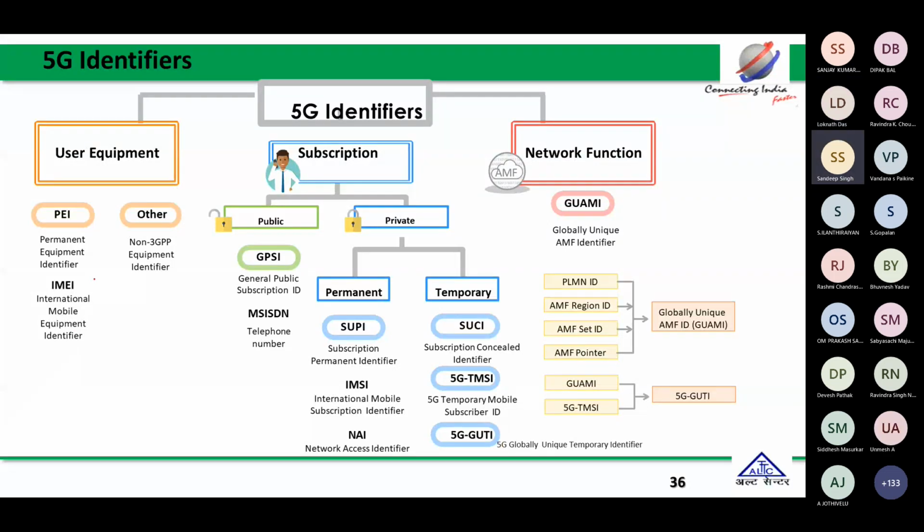Not just that. 5G is not only for 3GPP radio. It may be 3GPP radio, or Wi-Fi or other networks. So one additional interface is defined in the N1, known as the NAS interface. It is just a nomenclature.